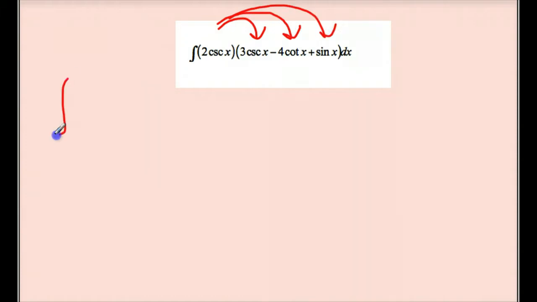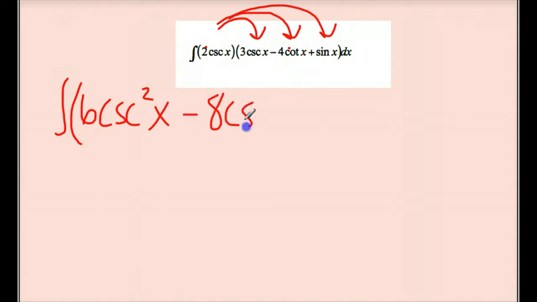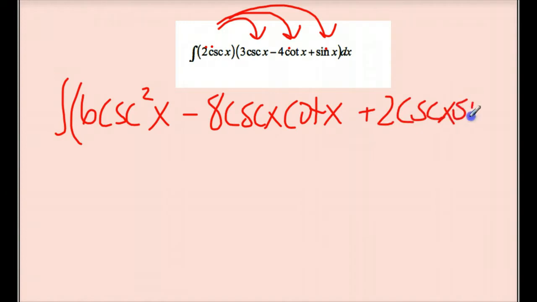And I get the integral of 6 cosecant squared of x, then 2 times negative 4 is negative 8 cosecant x cotangent x. And the last piece is a positive 2 cosecant x sine of x, and this is a dx right here.